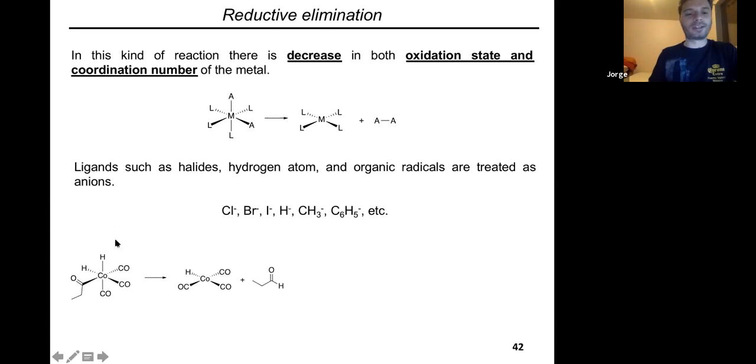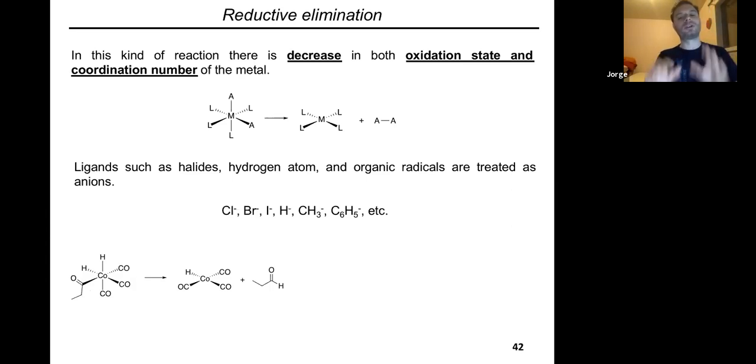Okay, so let's start with a cobalt complex, coordination number equal to 6, octahedral geometry right here, and we can force this hydrogen and this acyl group to leave as an aldehyde, and we have the formation of a cobalt complex with coordination number equal to 4.